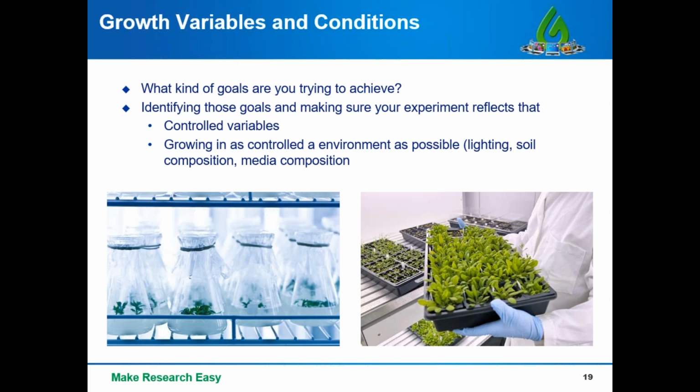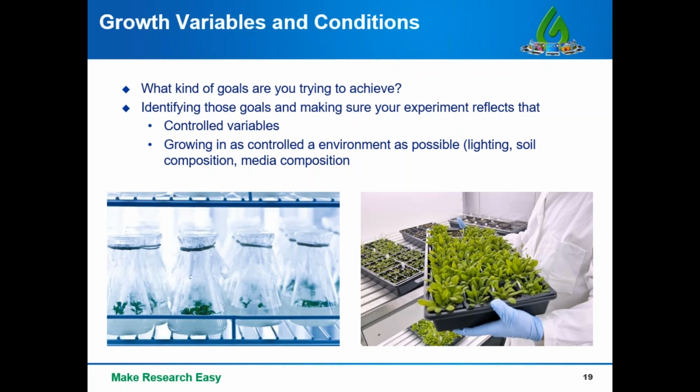One major control that I've actually seen is the amount of light that a plant receives in a growth chamber, pictured here on the bottom right. What I found is that in growth chambers that I use, even though all lights would seemingly be at similar light levels, I noticed that different racks or different levels within my growth chamber would be exposed to different amounts of light for whatever reason.